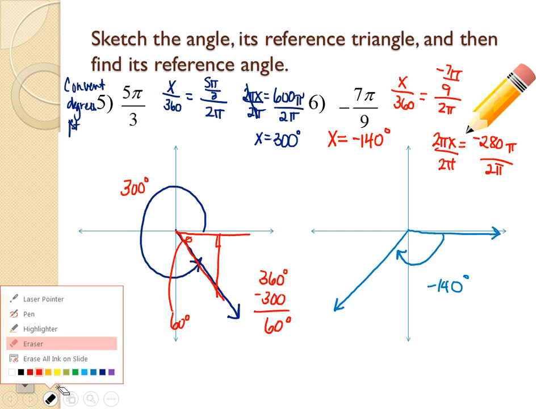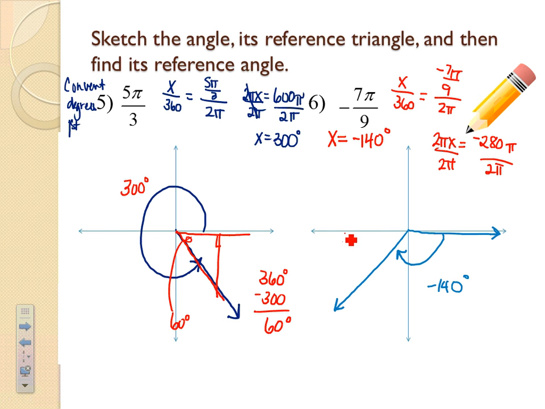Let me see if I can draw a better perpendicular there. Perpendicular down to my x-axis, making a 90-degree angle with the terminal side. There's my reference triangle. And my reference angle is going to be 180 minus 140, which is a 40-degree reference angle. Our reference angles are always going to be positive. They're never going to be negative.